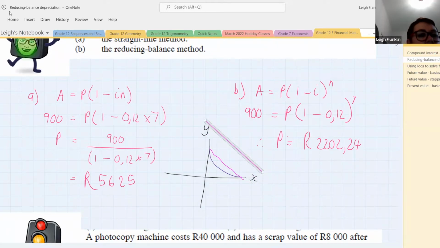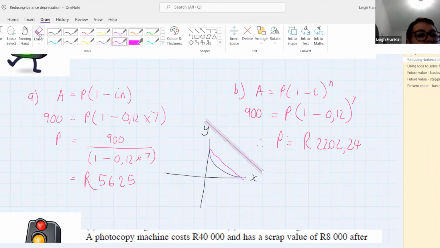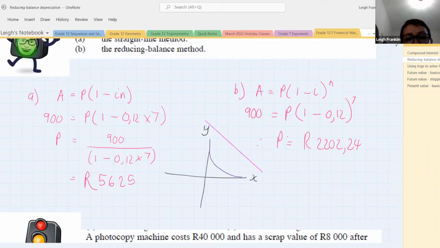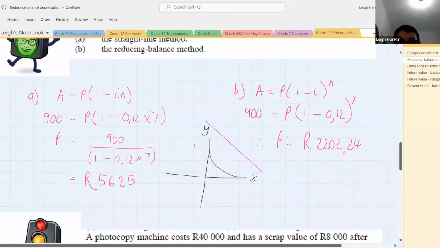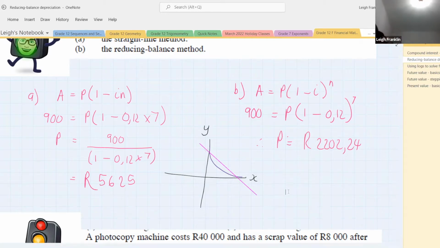Let's rub that other horrible thing out that I drew, and let's go with the straight line. So this pink line over here would represent linear depreciation. You can see how it depreciates much, much faster with reducing balance.